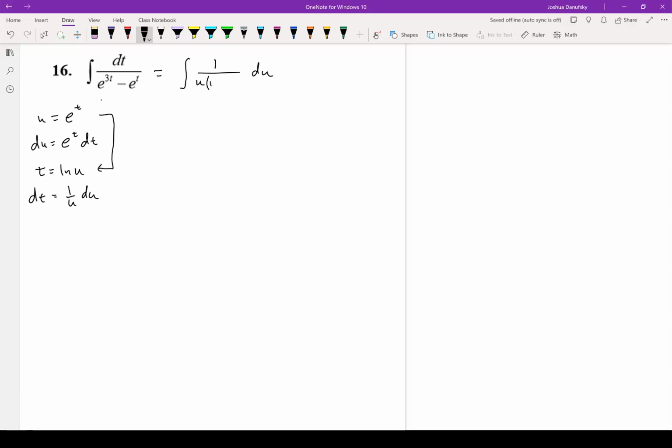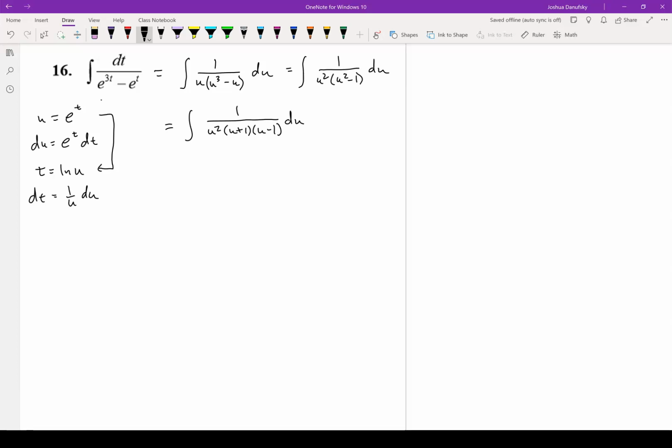And then we have u to the third minus u, like that. From there, we can factor out a u to get u squared times u squared minus 1 du. And of course, we can keep factoring and write that as 1 over u squared, u plus 1, u minus 1 du.